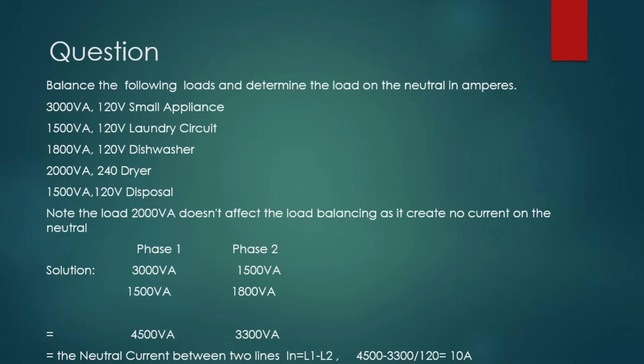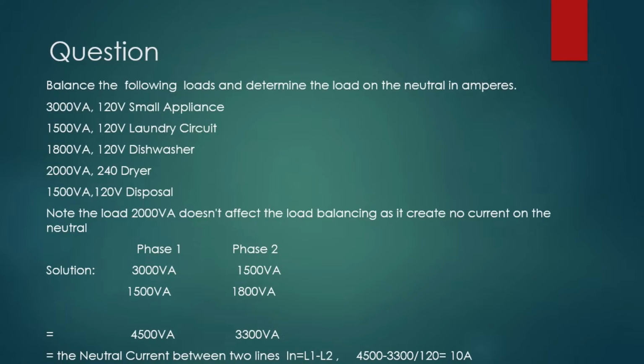All right. Remember the main purpose why we calculate the neutral current is to create a balanced situation between the two phases. After we balance the loads, we're going to determine the amount of current flowing into the neutral. So we're balancing it now.